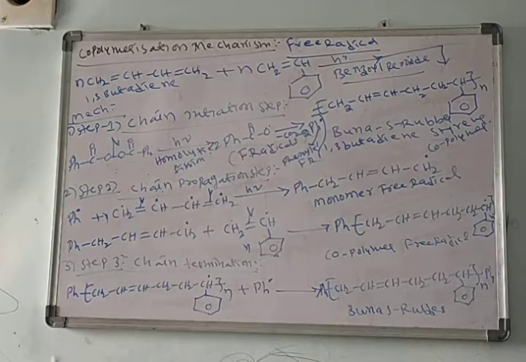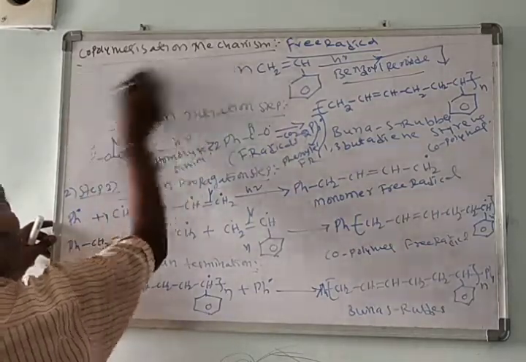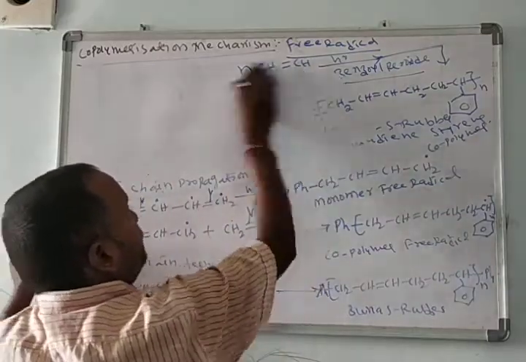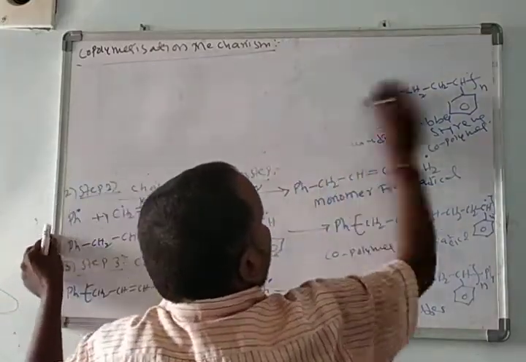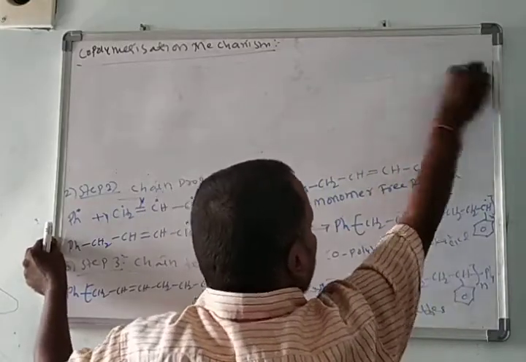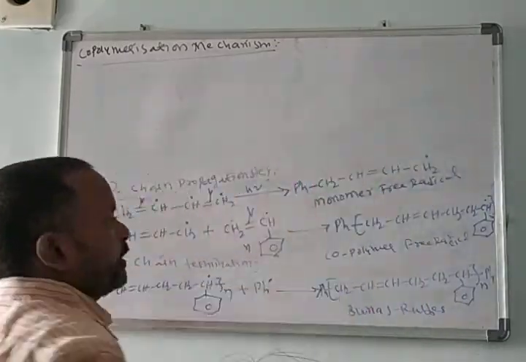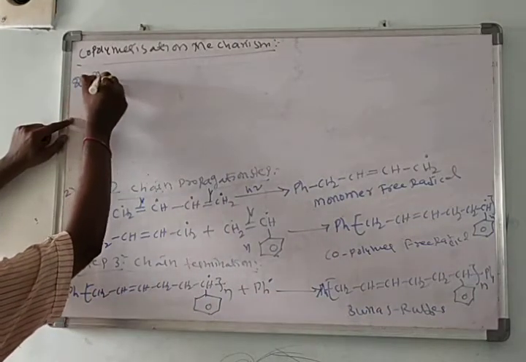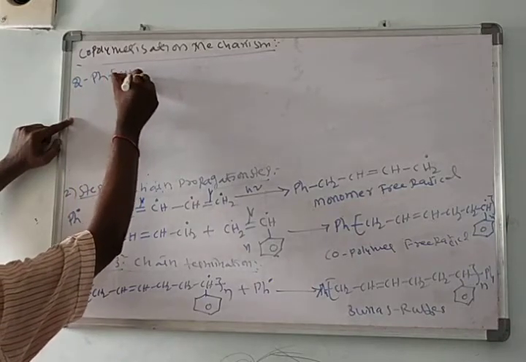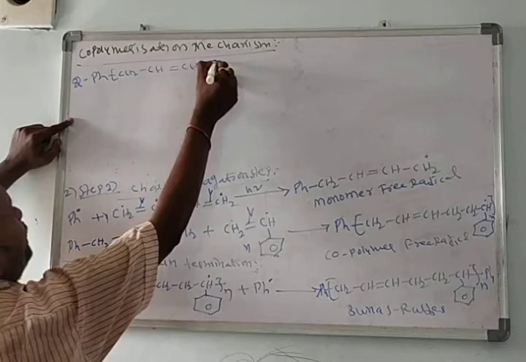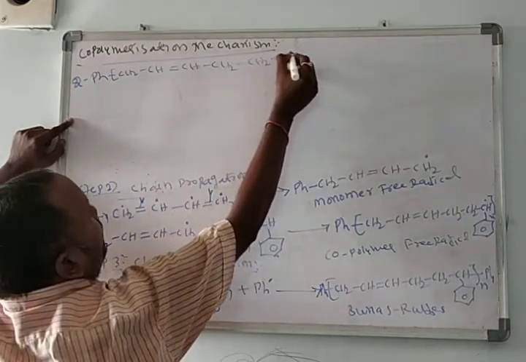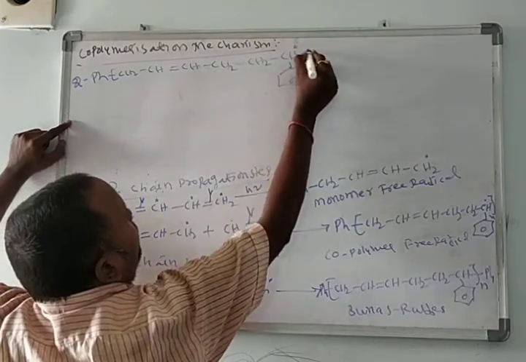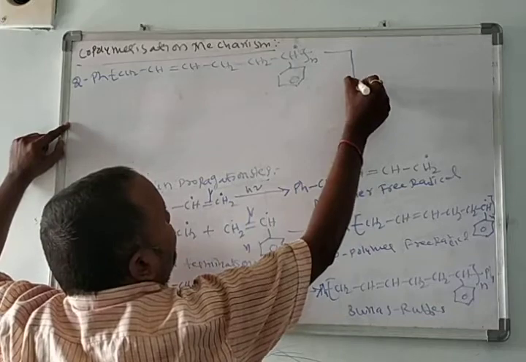Another chain termination: the reaction between two copolymer free radicals. Here I use two copolymers. I am writing CH2, CH double bond CH, CH2, CH, CH, phenyl group, and a dot, n times.